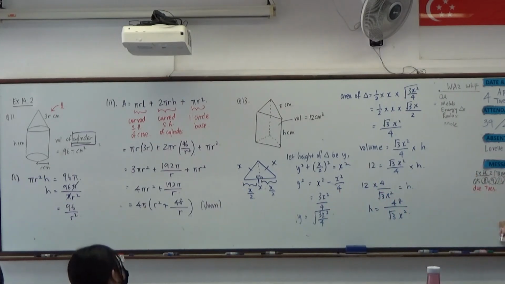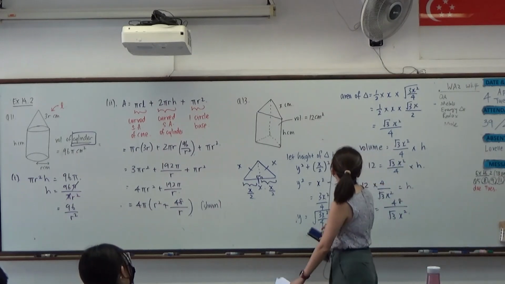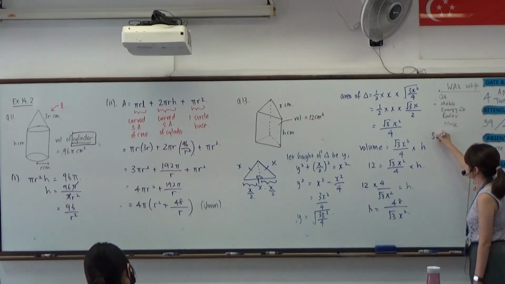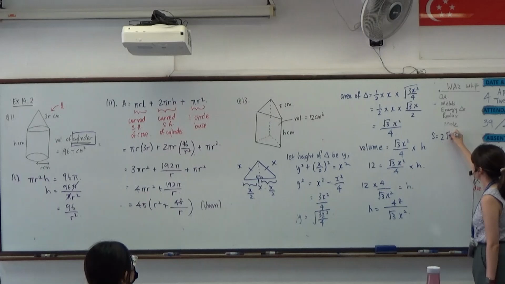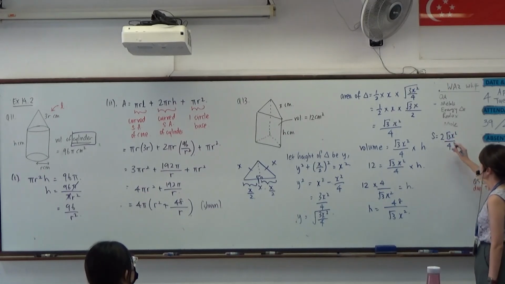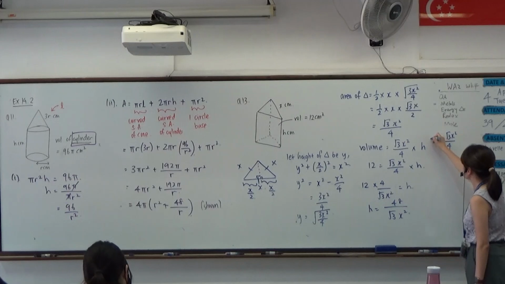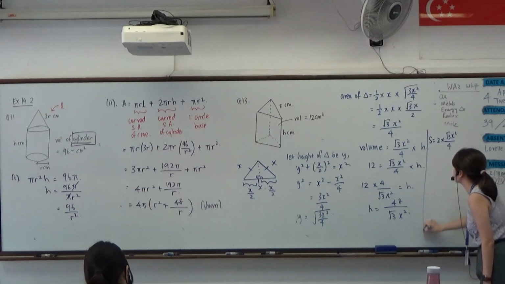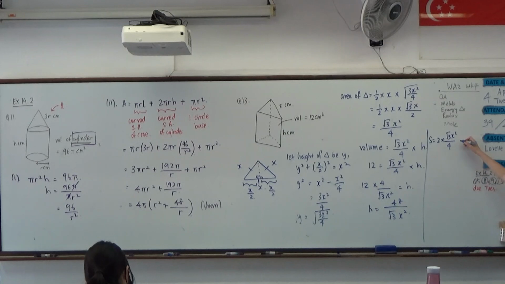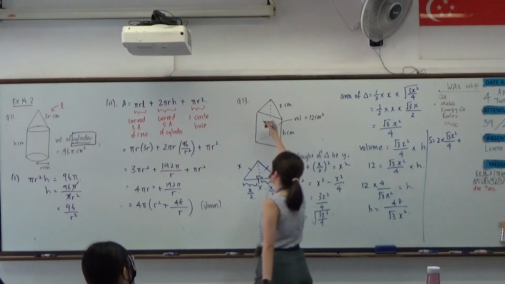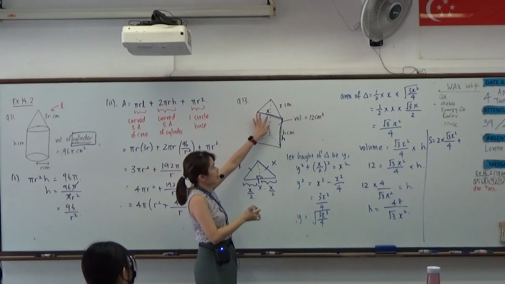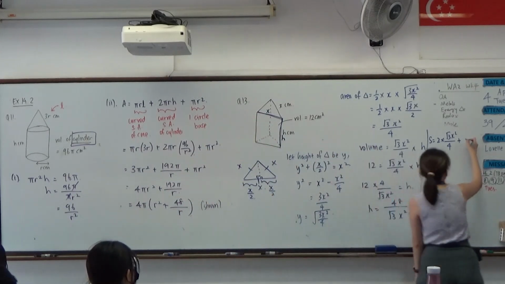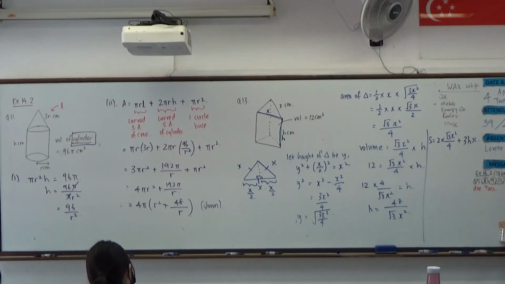And then the total surface area S will be the area of the two triangles, so 2 times that, and then plus the area of the 3 rectangles. There are 3 rectangles over here, each one of length x and breadth h. So that's 3hx.